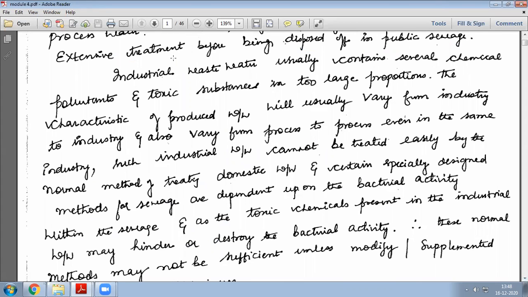Okay. So you got to know what industrial waste is now, and domestic waste, and what is the main cause, or why you have to study this industrial wastewater. This is the purpose, because most of them are polluting because of this waste, right? Domestic waste doesn't have much pollutants.